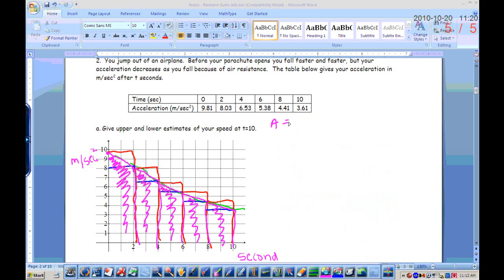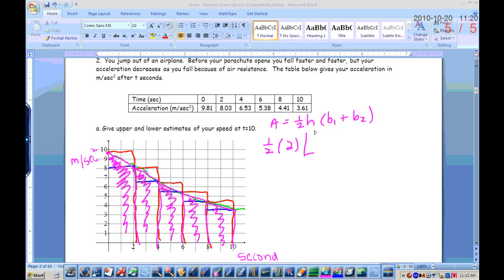The area of a trapezoid is 1/2 the height times the sum of the bases. Now the height of your trapezoid is the distance between the 2 parallel sides of the trapezoid. So the height of our trapezoids is the same as the width of these rectangles from the previous problem. So 2. Good. So the height is 2.